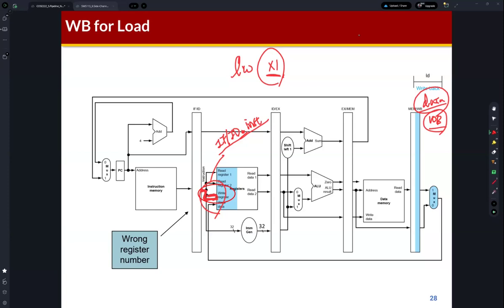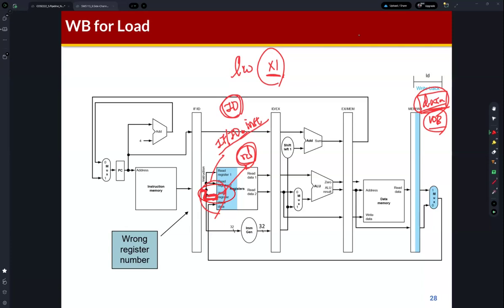What's the problem? This RD is the RD of the ID stage. The data to be written back to the register file is the data in the write back stage.